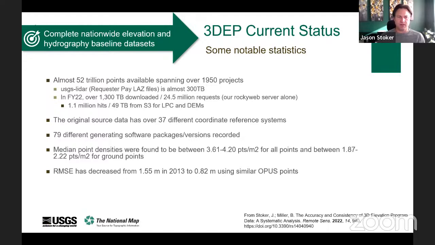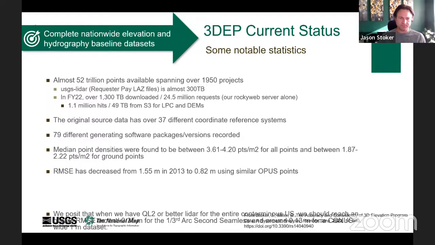We compared on a nationwide basis that old NED data set in 2013 to some NGS OPUS points, and the RMSEs were about 1.5 meters. And then this paper that I've got here, we kind of revisited that accuracy assessment. We've pretty much cut that RMSE in half, mostly because we've been feeding in all these high-resolution LiDAR data sets into that 10-meter seamless that I mentioned.